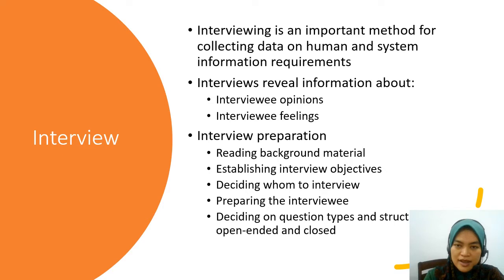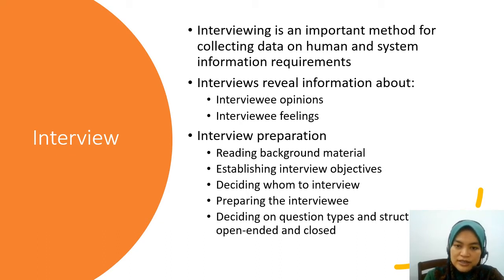And hopefully it won't contradict what you have looked at in the videos. Okay, so interview is an important method to collect data on human and system information requirements.